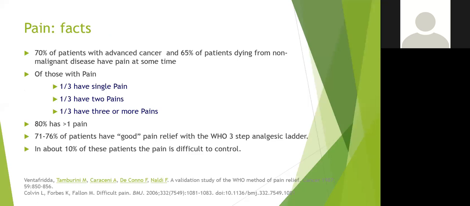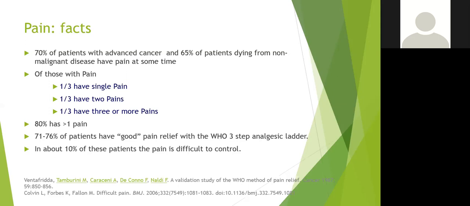Some facts about pain. You must be aware that pain is probably the most common symptom that we as palliative care physicians face. 70% of patients with advanced cancer and 65% of patients with non-malignant disease have pain at some time in their disease process. One third of patients will have a single pain, one third will have more than one pain, so it can be 2 pains in different parts of the body for different reasons, and one third might have 3 or more pains.